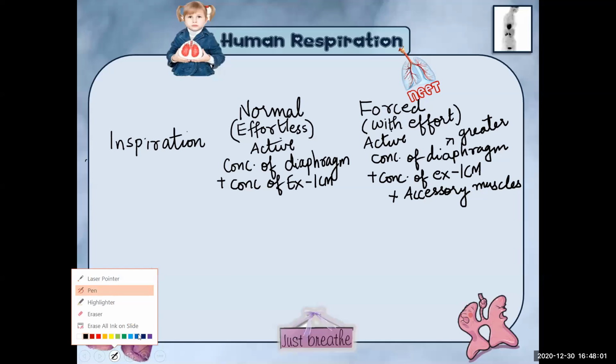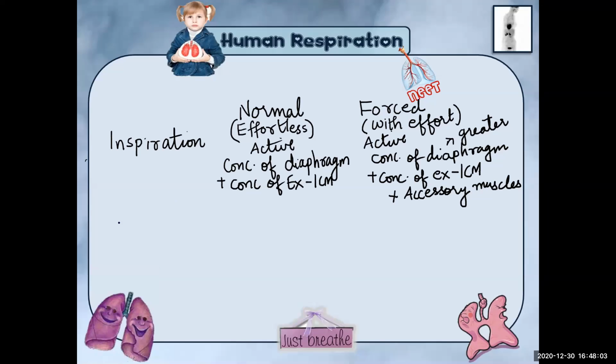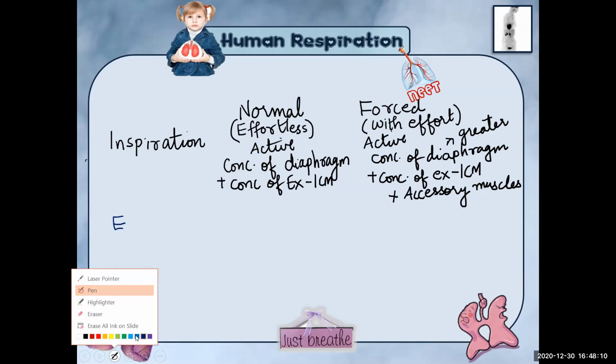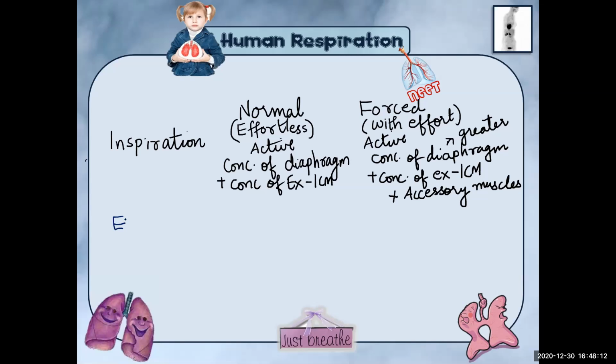Then on the same grid I can also write about expiration. है ना? Expiration. So there is normal expiration and then there is forced expiration.